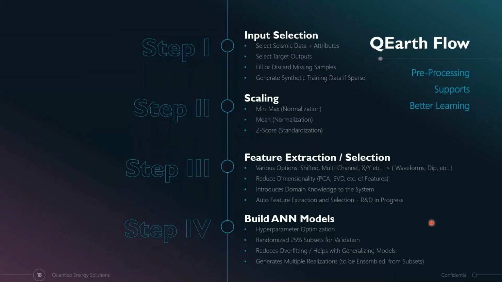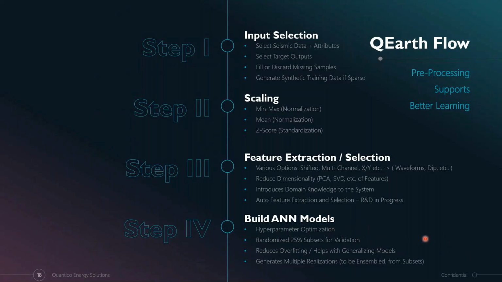And then finally, we start building neural network models. So I showed you a couple examples of neural network architecture diagrams. And the selection of how many layers and how many neurons you're going to use is a critical part. And there is a method called hyperparameter optimization where you can try to find the optimal model that gives you the best result without overtraining or undertraining in your model selection process.